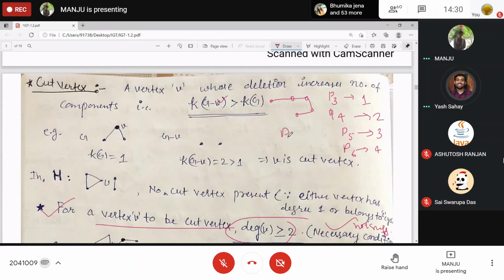N minus 2. For Pn, N is at least 3. You have N minus 2 number of cut vertices. I hope everybody got it.